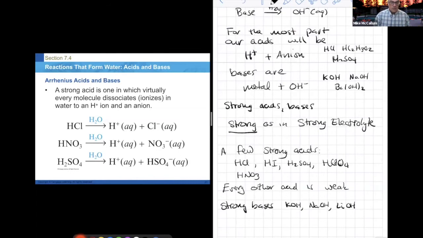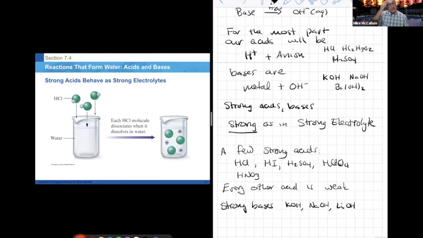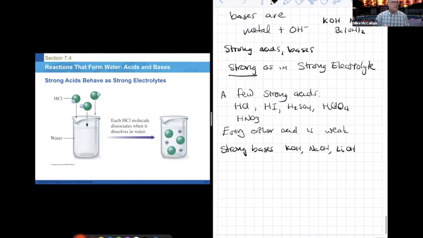Okay. So here's on the slide, here's a schematic of 3 of the common strong acids and what happens when you put them into water, right? This is strong in the sense of 100% ionization, and it's just like a 100% soluble salt, but in this case, the positive part of the salt comes from a proton, okay? And I've mentioned this in my classes many times before too, but hydrogen chloride is kind of funny because hydrogen chloride, if it's not in water, it's actually usually a gas, right?